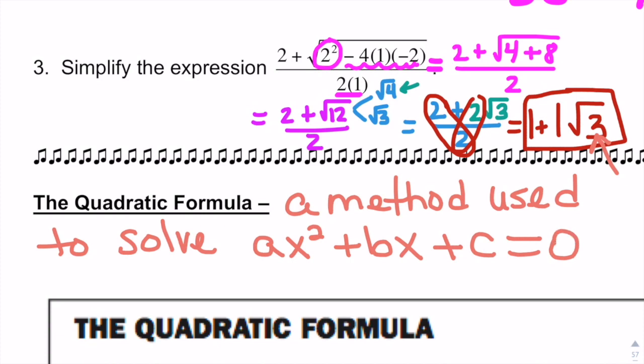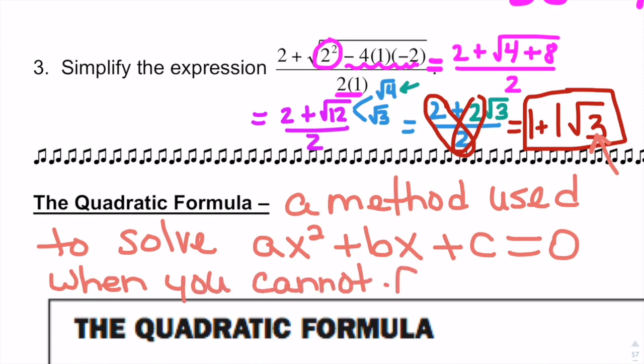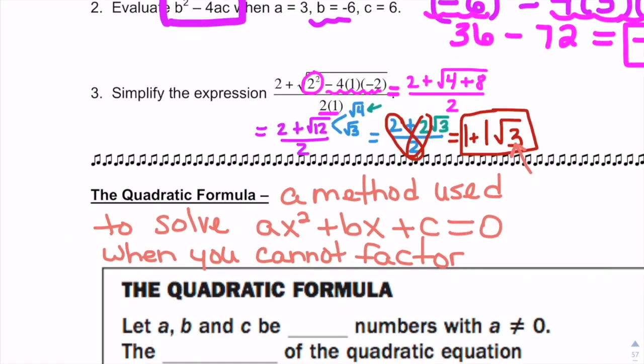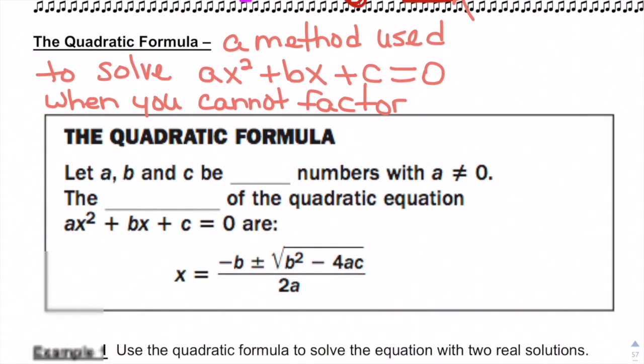So we factored way back when we were doing factoring, and then we solved. And now we're going to use this other method. And the reason we're using that is because you cannot factor. So these are for problems that we cannot factor. So it's a special way to solve quadratic equations in the form ax squared plus bx plus c that cannot be factored.